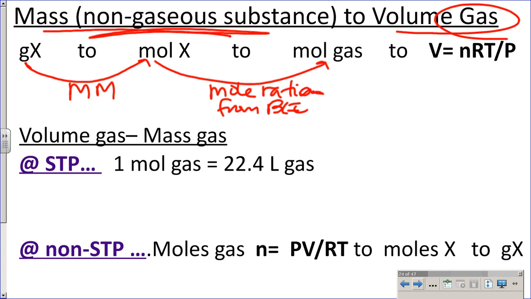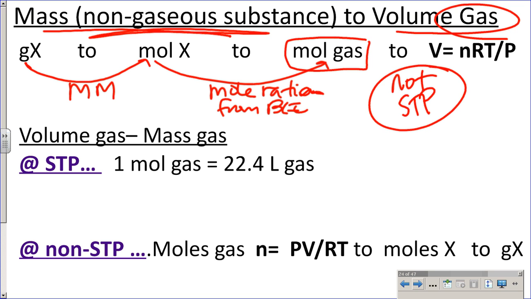Okay, now this is the magic part that you just learned. If I didn't say STP, I'm assuming it's not at STP. So once you're at moles of gas, this is in, and I can make you start with the reactant and get to moles of gas, probably the product.